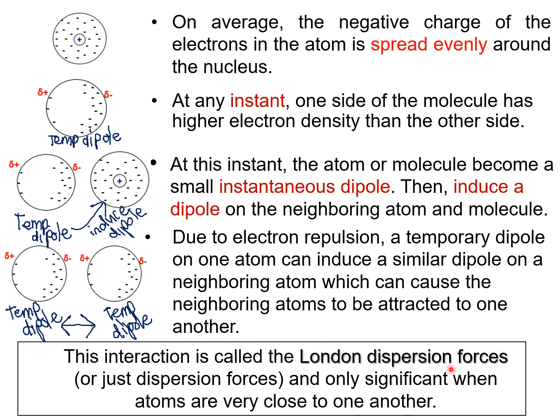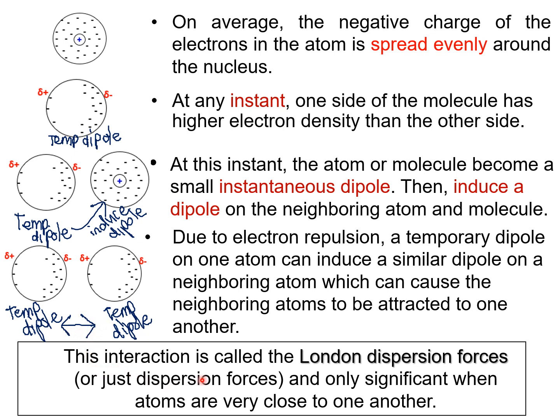London dispersion forces ni berlaku bila sesebuah molekul tu dia mewujudkan instantaneous dipole dekat diri dia sendiri, lepas tu dia jangkitkan dipole dekat jiran sebelah, dekat dia punya neighbor molekul. Makanya bila dia jangkitkan induced dipole, dua-dua ada temporary dipole, and barulah boleh interact ataupun attract one another.